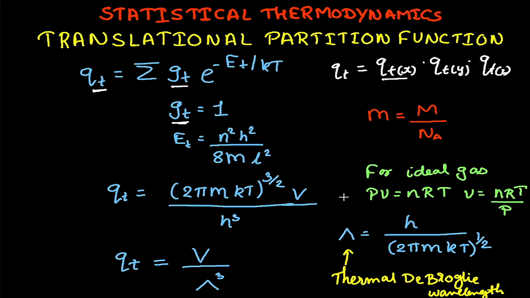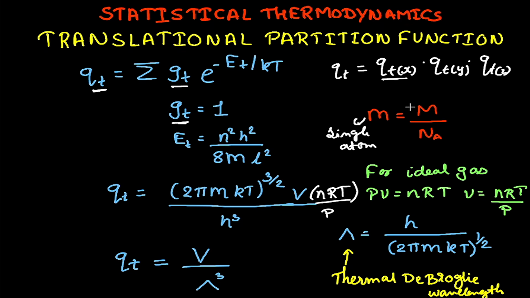Now for an ideal gas, we know that PV is equal to nRT, and hence in place of volume we could substitute nRT by P. So if volume is not given, this could be substituted. Here m is the mass of a single molecule or single atom, and capital M is the molar mass.